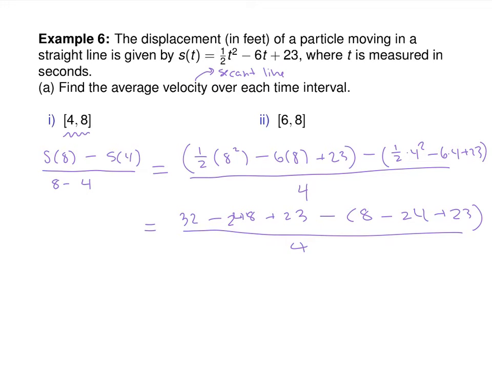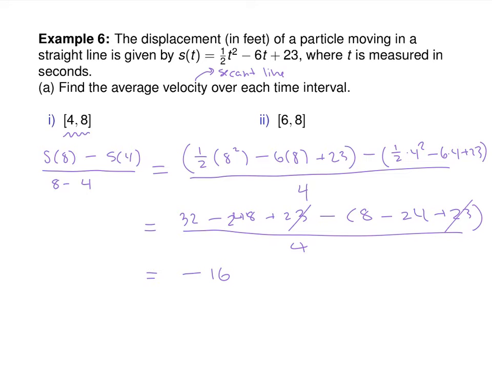And if I give you no calculator, being clever is a good thing. By which I mean, is it clear the 23s can cancel out? I didn't distribute the negative yet. But once the negative distributes, this 23 will cancel with that 23, right? And we'll have 32 minus 48, which is negative 16.